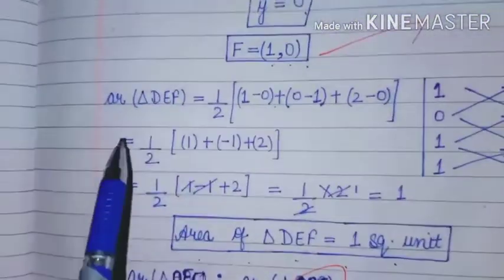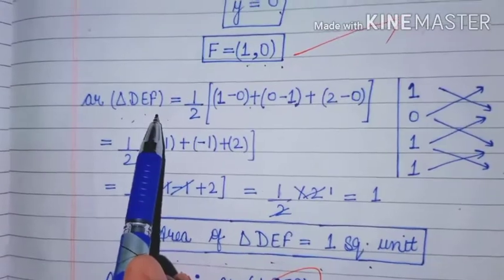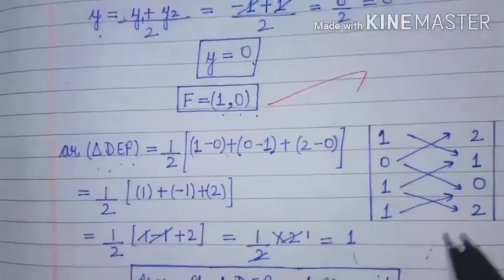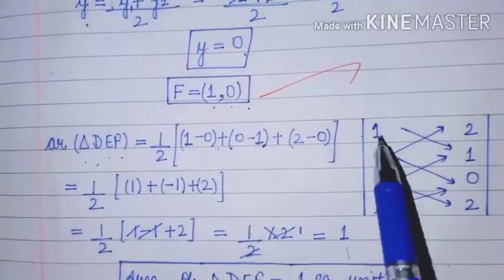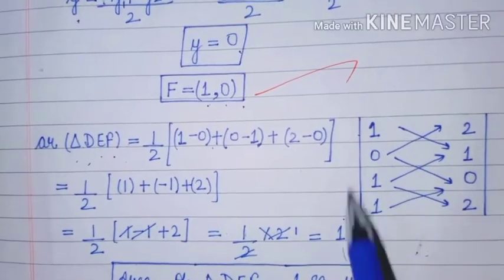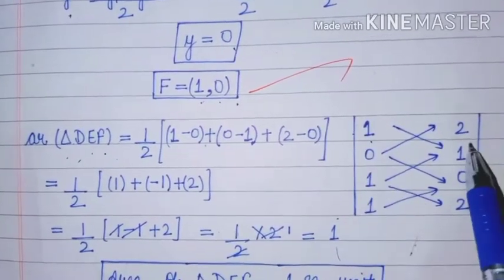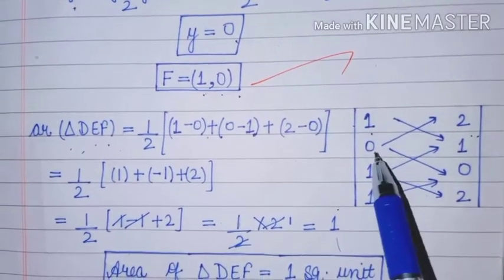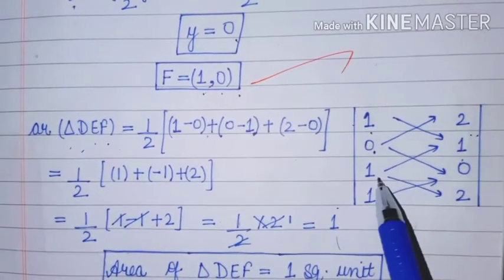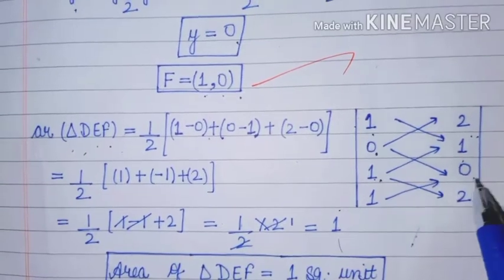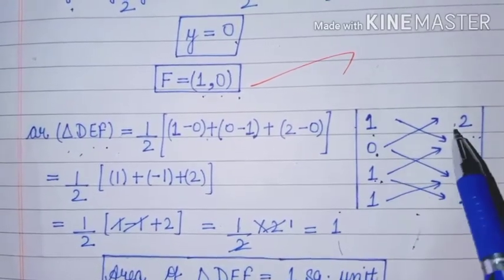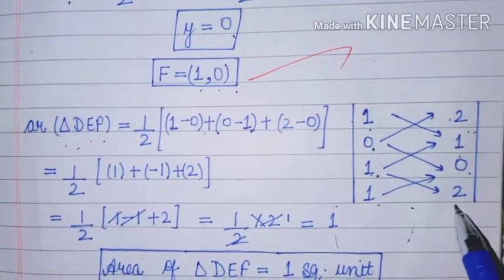Now we will find the area of triangle DEF. Similarly, yes beta, same as before we will put the coordinates in parallel lines. So first, the coordinate of D is (1, 2), coordinate of E (0, 1) and coordinate of F (1, 0), and again we will repeat the coordinate of D (1, 2).